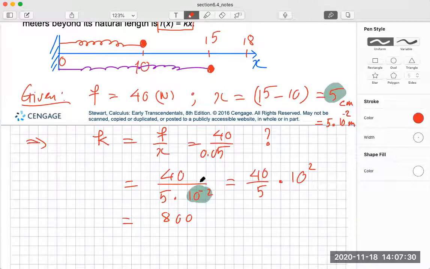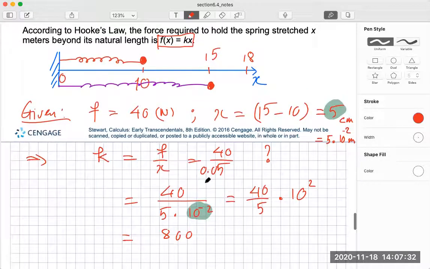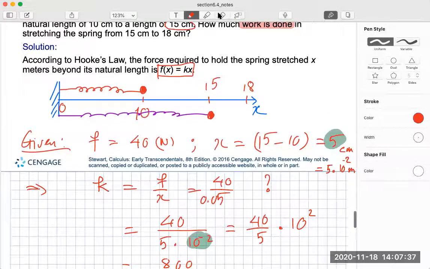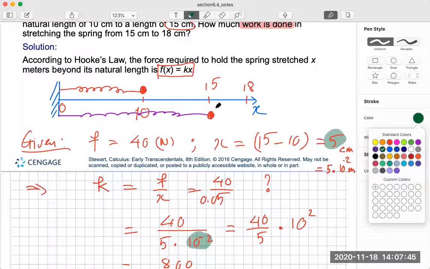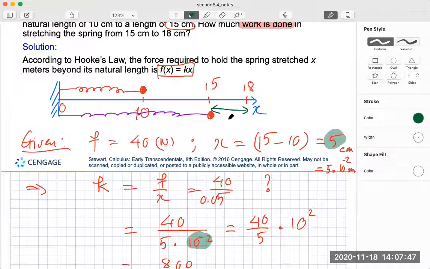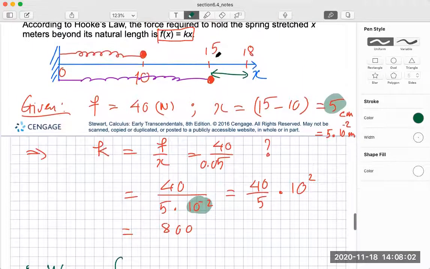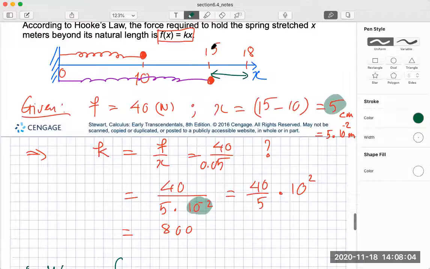So we are given K already, right? Now, if we want to compute the force applying to this distance, the force, it means that the work done would be the integral from this distance to 8, right?